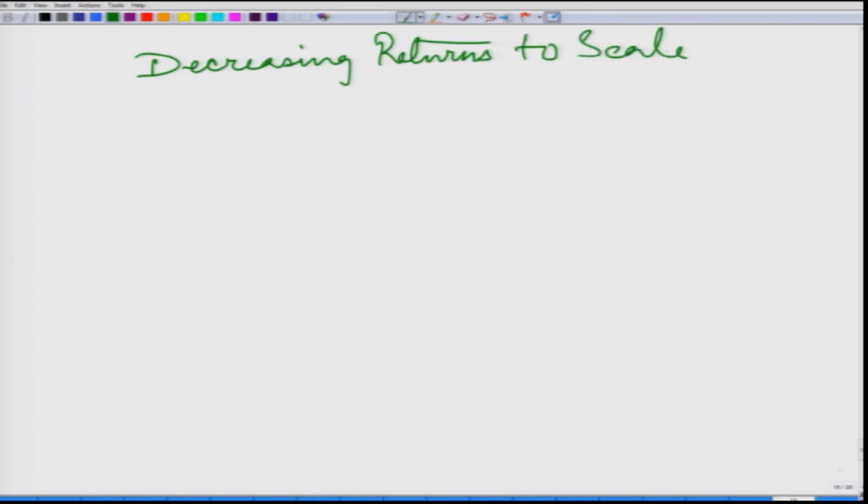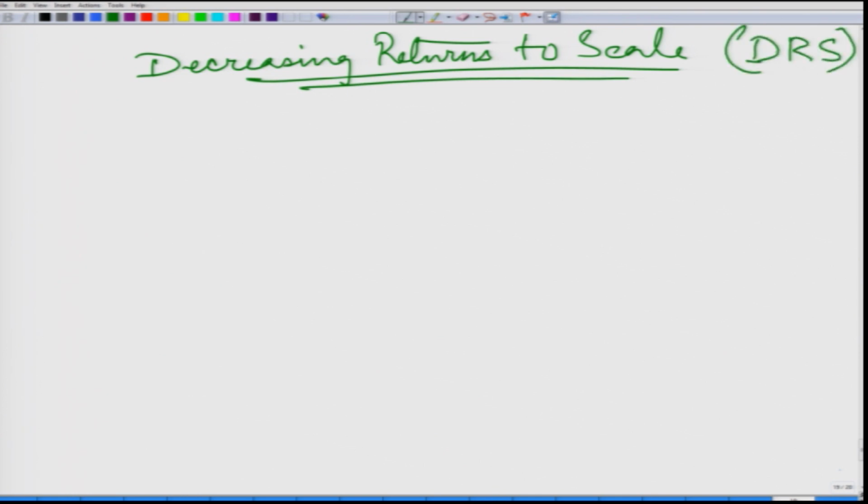And decreasing return to scale, DRS, is when our input increases by twice, but output increases by less than doubled, right?